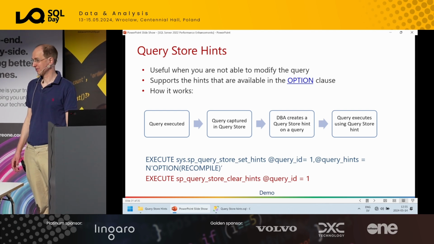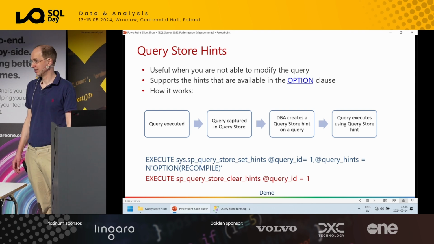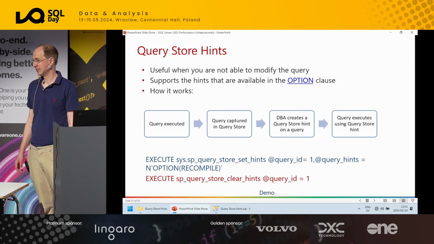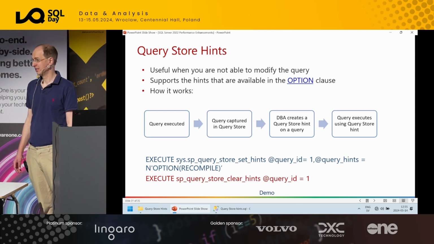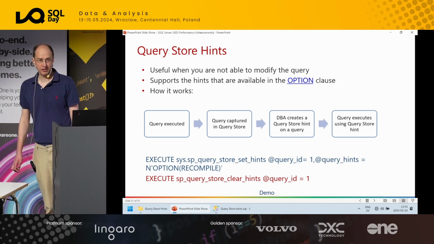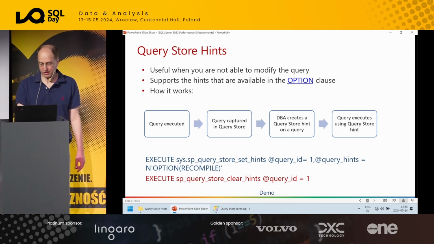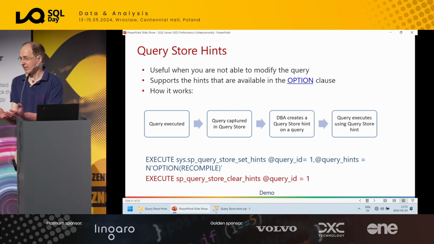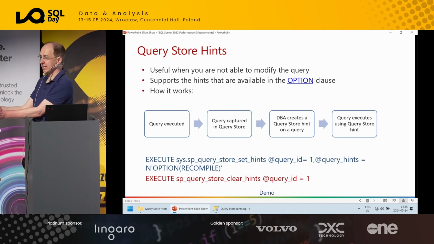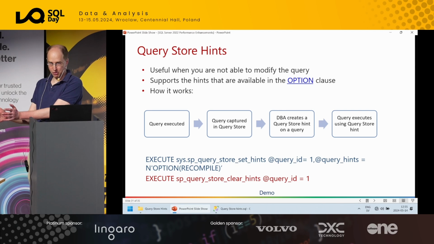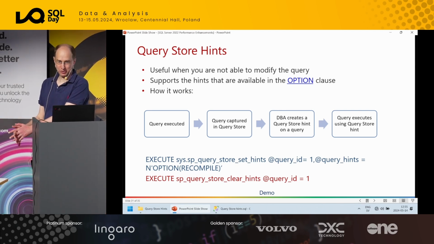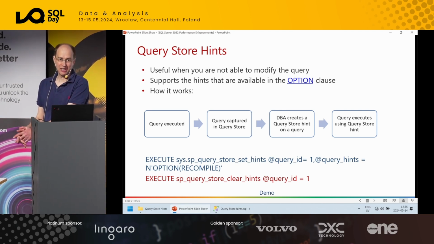So there is a question: what happens if we add a query hint for a stored procedure and the developer changes that stored procedure, which will recreate it? Okay, so in that scenario, you have the hint for the query in the stored procedure as it looked before, and that will not be executed anymore.